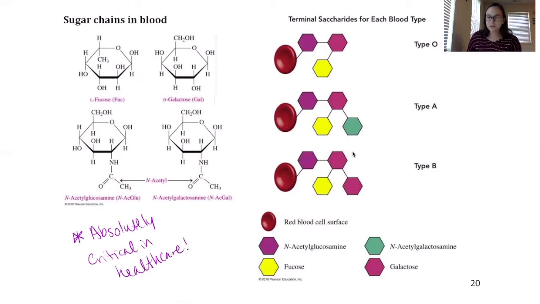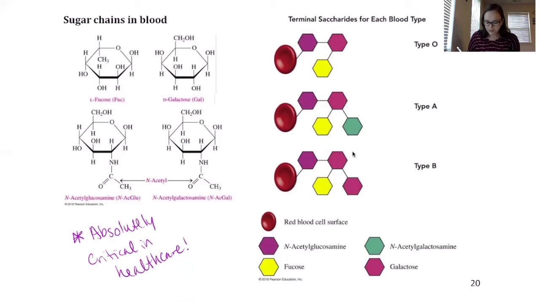I've only shown you a couple of different monosaccharides, but you can imagine that just by changing the direction of each of those hydroxyls, it makes a different kind of sugar. This is fucose, FUC, or galactose we've looked at, but then we also have N-Ac-Glu and N-Ac-Gal. These are more the sugars that we see in our blood as well.